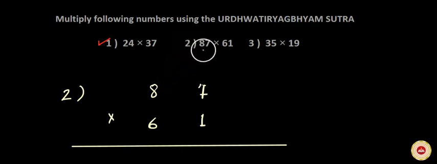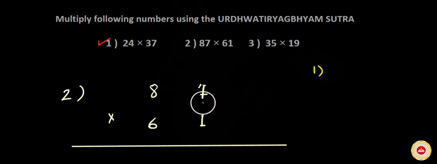Second example, 87 multiplied by 61. Starting from the right side, step number 1. Consider this first column in which there are two digits, 7 and 1. Step number 1 is, multiply the digits in this column vertically.